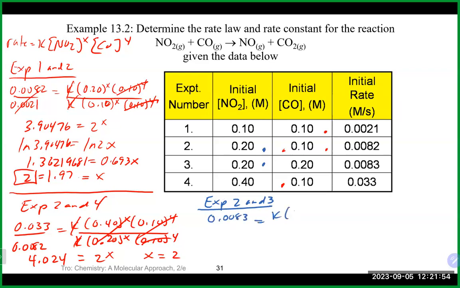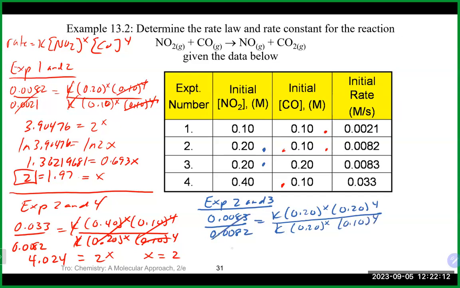Equals our K 0.2 to the X, 0.2 to the Y, over 0.0082, which would be our experiment 2, and our K 0.2 and 0.1 in this case.